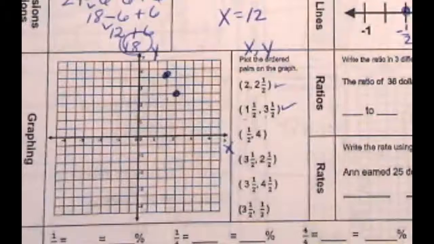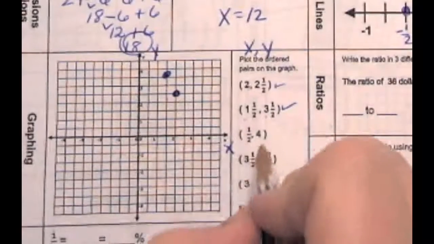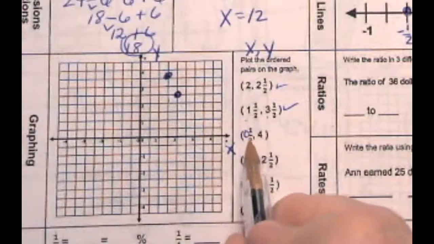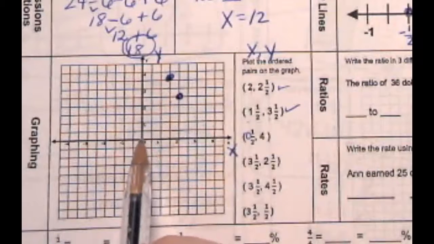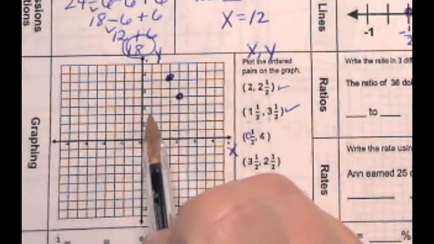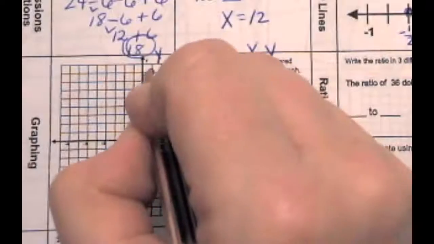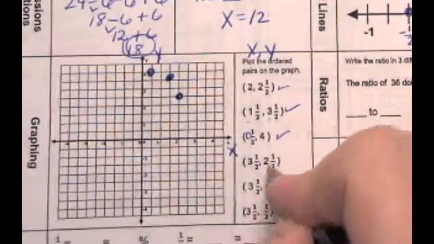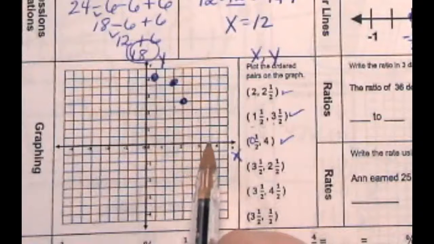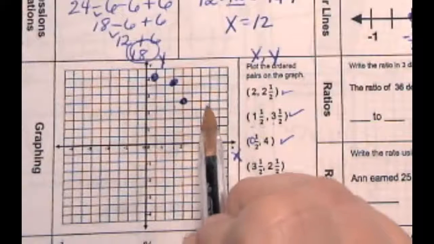Now your points are supposed to be where the lines intersect. So just kind of be aware of that. If you're not sure where a half is, think of it as 0 and a half. So this will be between 0 and 1. So start at 0, go a half, then go up 4 spaces. 1, 2, 3, 4. 3.5 means you go over to 1, 2, 3.5, then up to 1, 2.5.